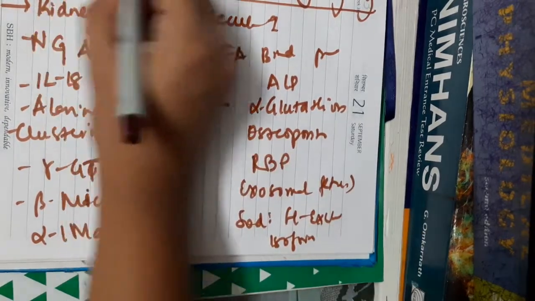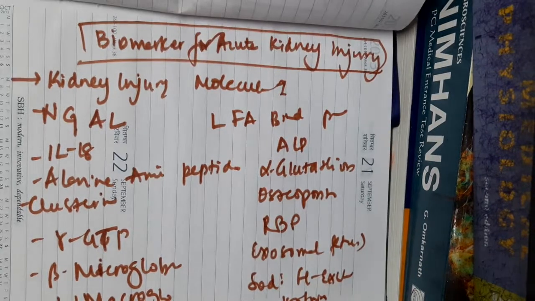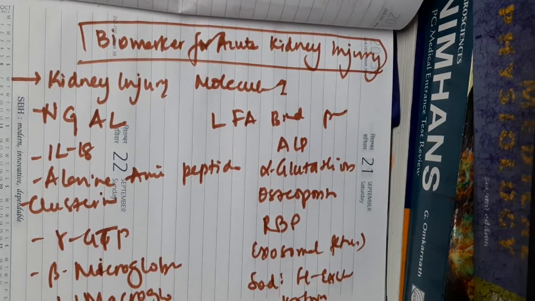All these are markers for acute kidney injury. So this is about the different markers for different diseases.